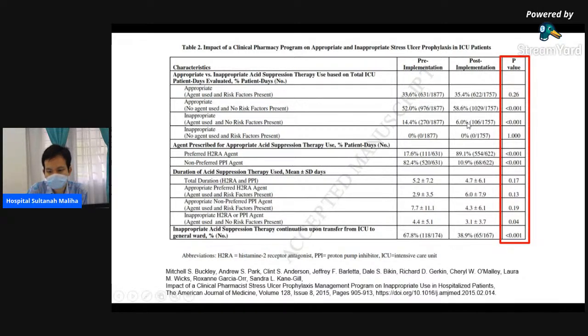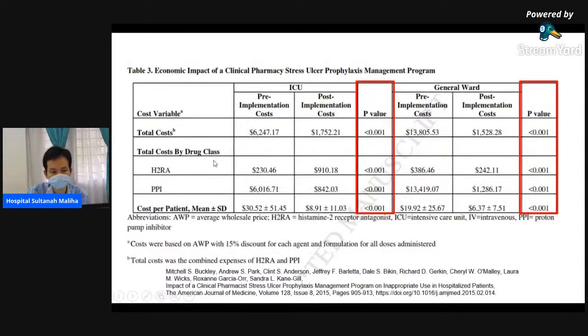You see a very good reduction in inappropriate rates and an increase in appropriate use in patients who are indicated. We even markedly reduced the acid suppression therapy continuation upon transfer from ICU to general wards. In the general ward, you can see a very good reduction in cost. When we talk about pennies and cents, this is how it looks.